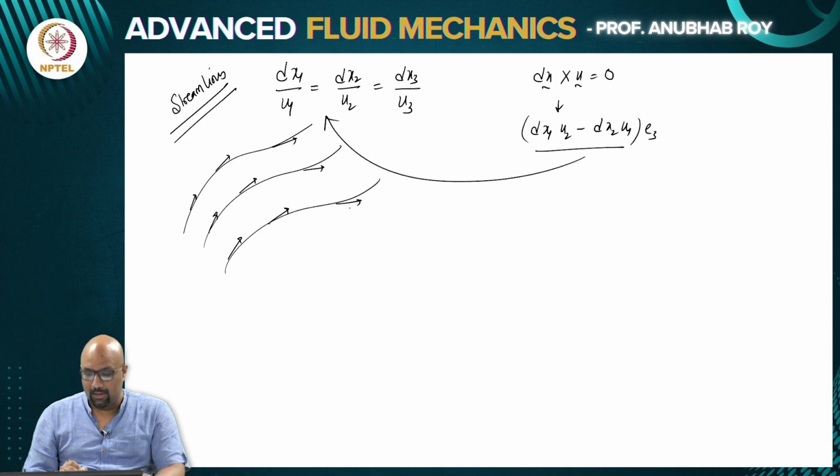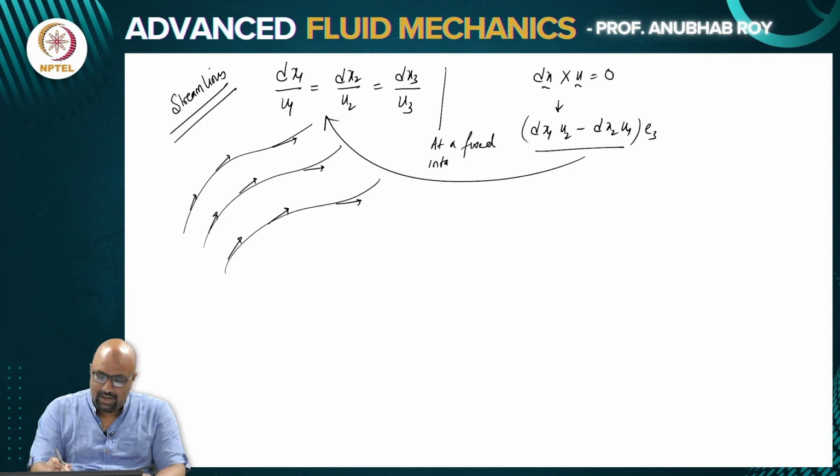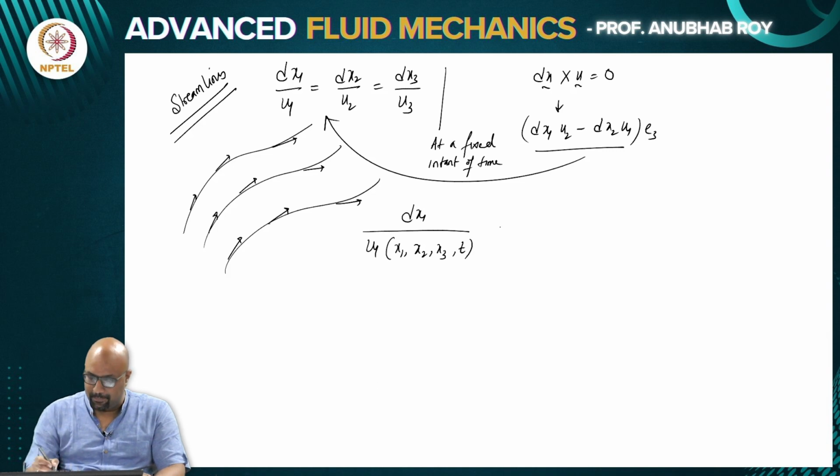And the most important thing to remember when you are finding these streamlines is that this is at a fixed instant of time, which means if I write this out explicitly, u1 is going to be a function of x1, x2, x3, and generally it is also a function of t.